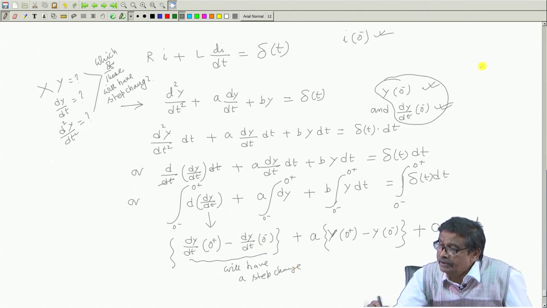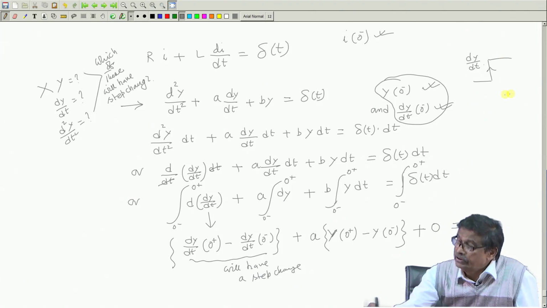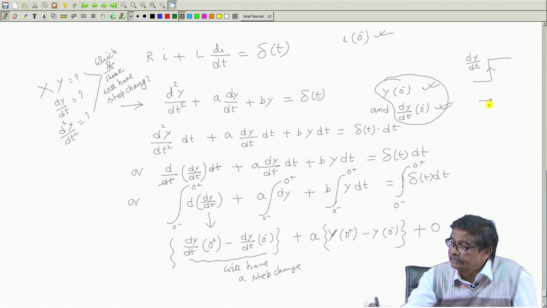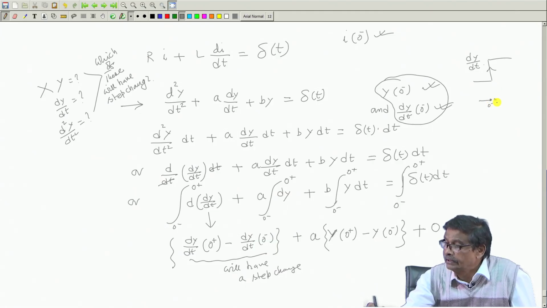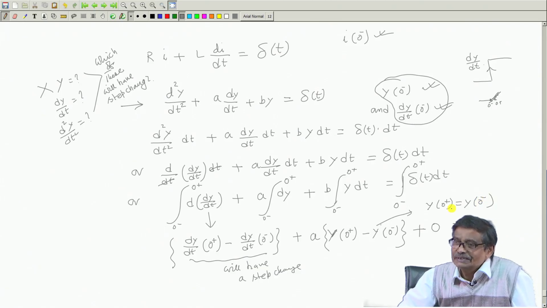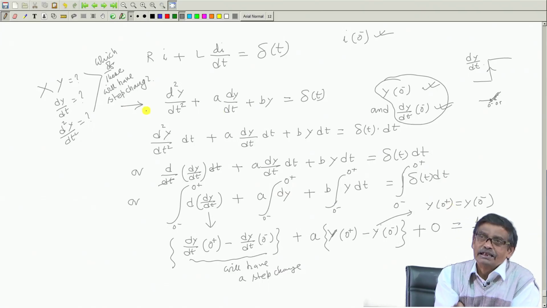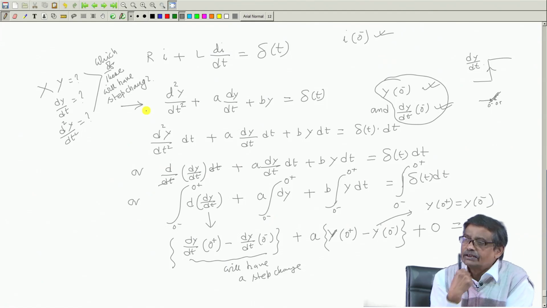Got the idea? Any variable, if it was doing like this, is called step change. dy dt will be something like that. y t cannot have a step change. So, this is 0 minus and this is 0 plus, it will be continuous. So, y cannot change. So, y 0 plus will be equal to y 0 minus. It cannot have a step change, simply because if y step changes, then you have delta t as well as delta dot t, right hand side only delta t.